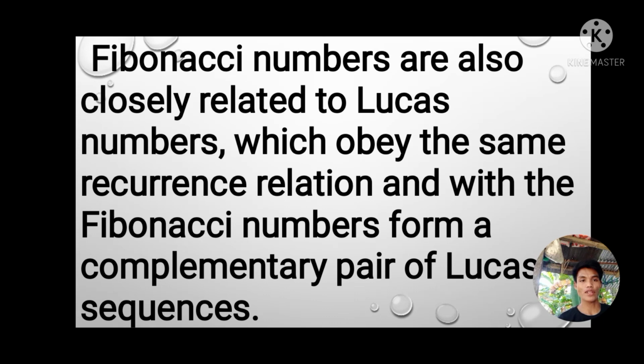Fibonacci numbers are also closely related to Lucas numbers, which obey the same recurrence relation and, with the Fibonacci numbers, form a complementary pair of Lucas sequences. So if we analyze these Fibonacci numbers more deeply, they have a lot of similarities to other formulas or sequences because of their relation and context.